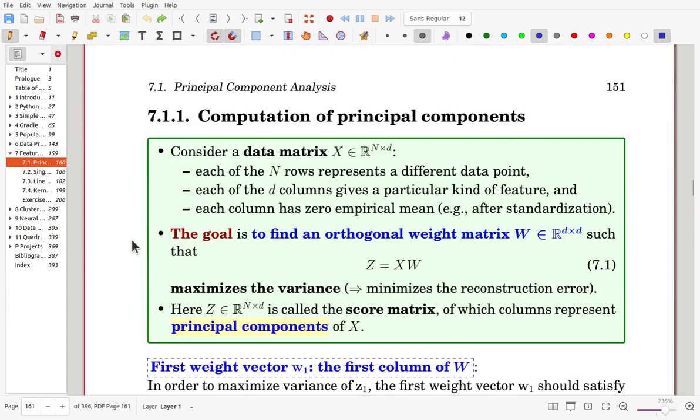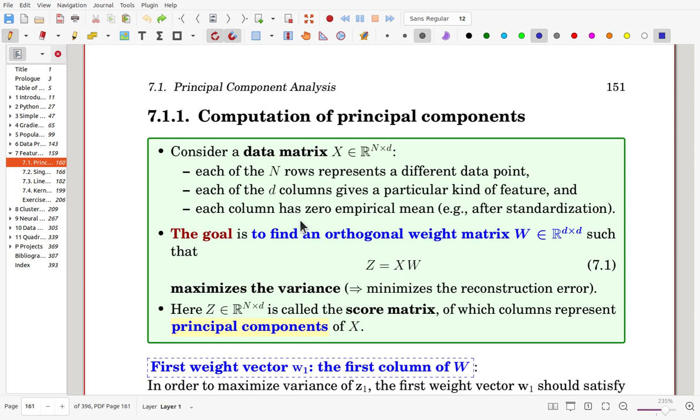Okay, here we have how to compute principal components. The data matrix X is in n by d dimensions. Each row represents a data point, and each column gives a feature. And we assume that each column has zero mean after standardization.